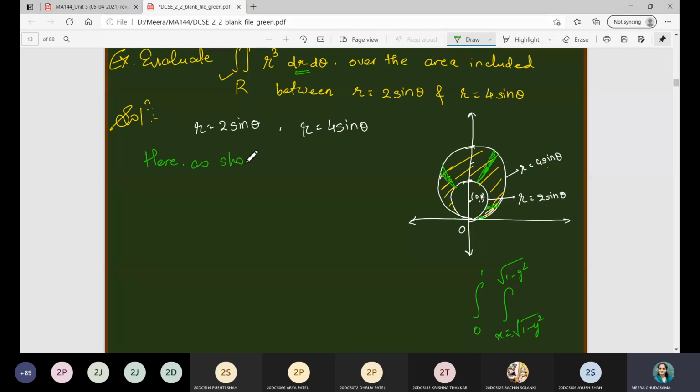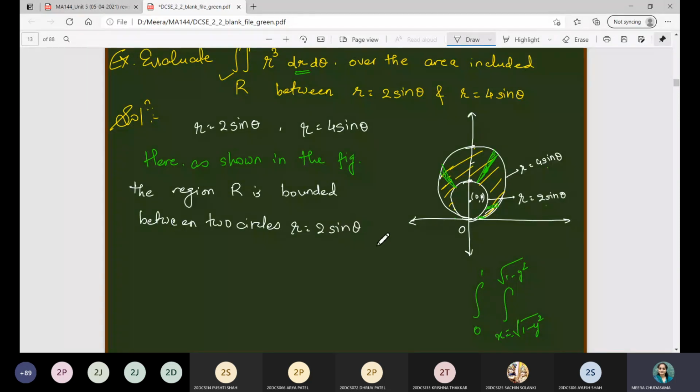As shown in the figure, the region R is bounded between two circles, r is equal to 2 sine theta and r is equal to 4 sine theta.